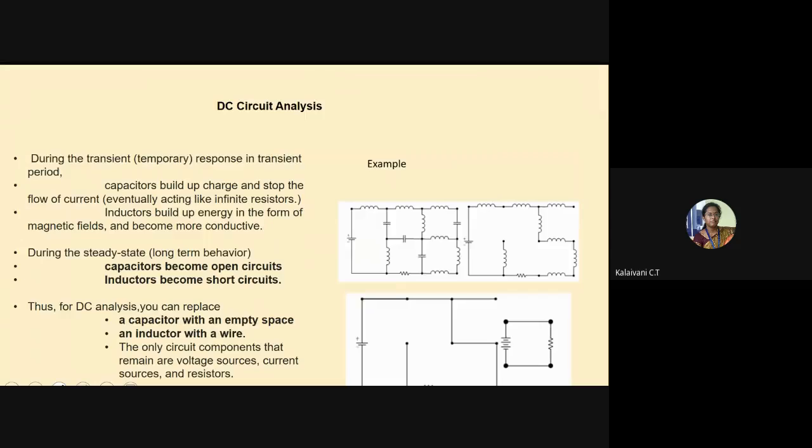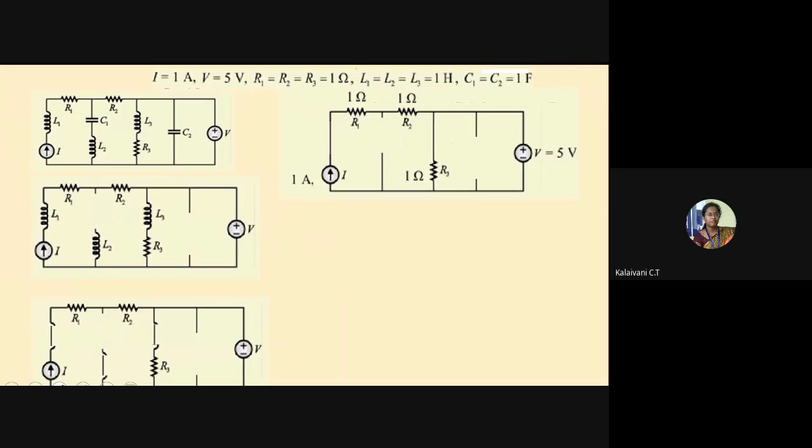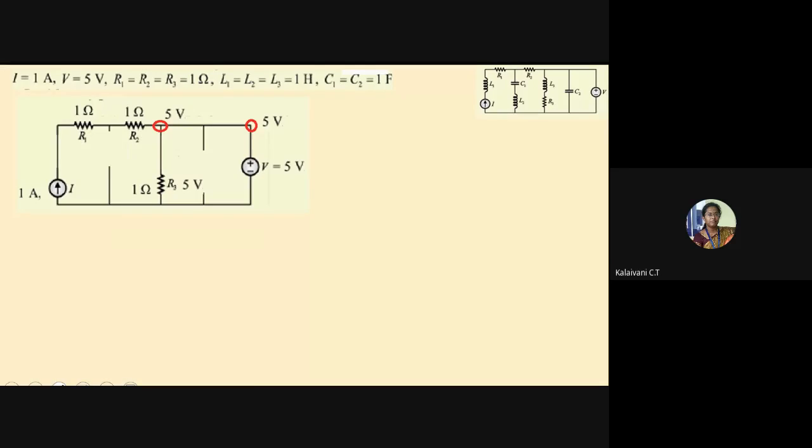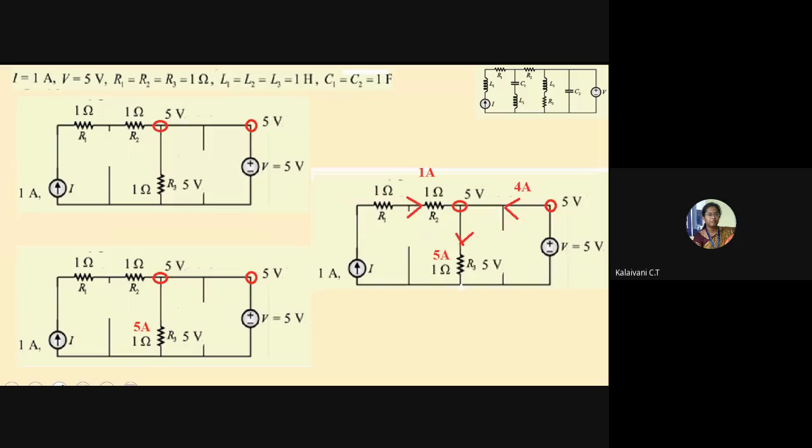Next, we have to find the voltage across the voltage source. So for that, we will take the current across the voltage source. Here, 4 amps. So 2 incoming currents, 1 plus 4, will be equal to 5.